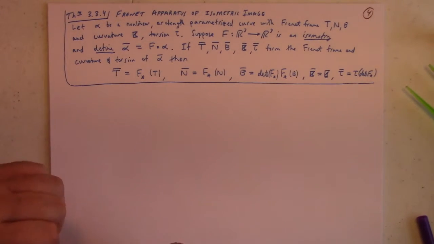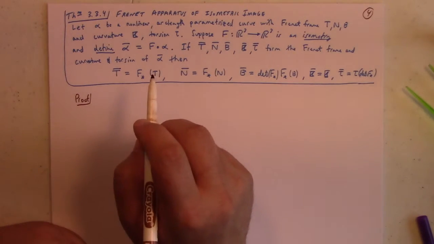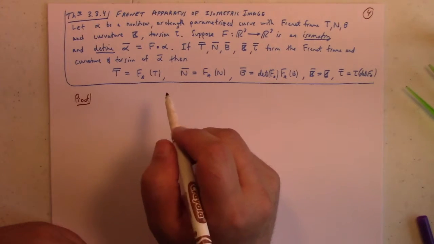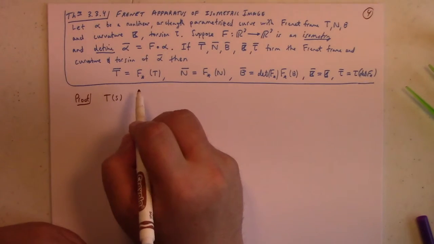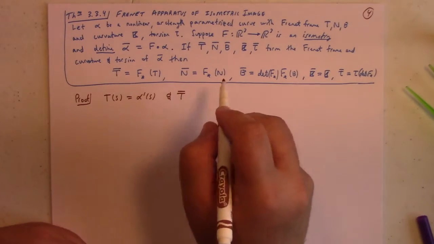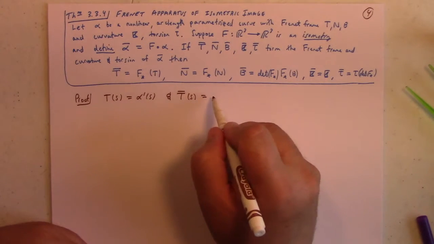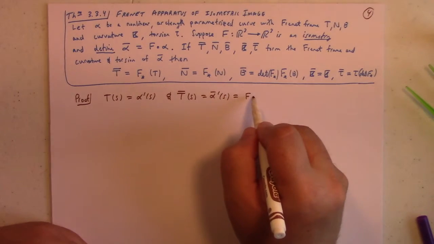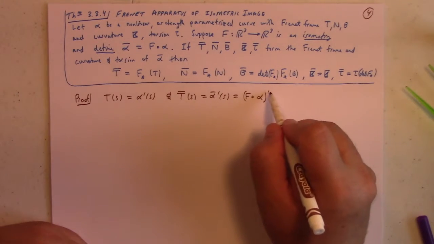Okay, so the proof is largely based on Theorem 2.22 we proved before. First of all, the unit tangents for alpha and alpha bar are defined. T of s, of course, is alpha prime of s, and T bar of s is alpha bar prime of s, but that, by construction, is f composed with alpha, prime, of s.